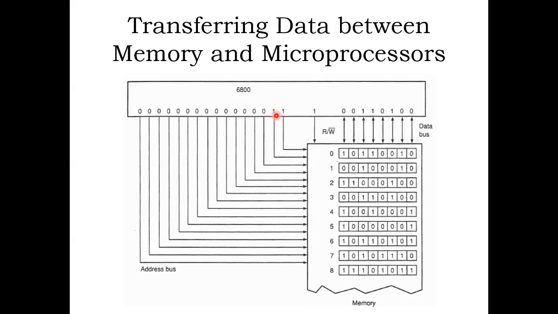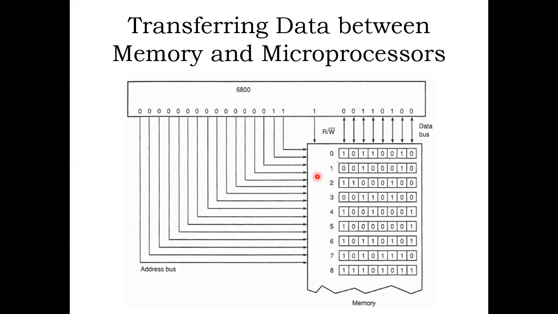So that means it's actually referring to this address, right? This is the 3. And this is your data, what you have in the 3. And if you see, the microprocessor is right now in the reading mode, because we said this is 1, right? And if it is 1, this means reading, right? That means it will be reading from memory to the microprocessor, okay?